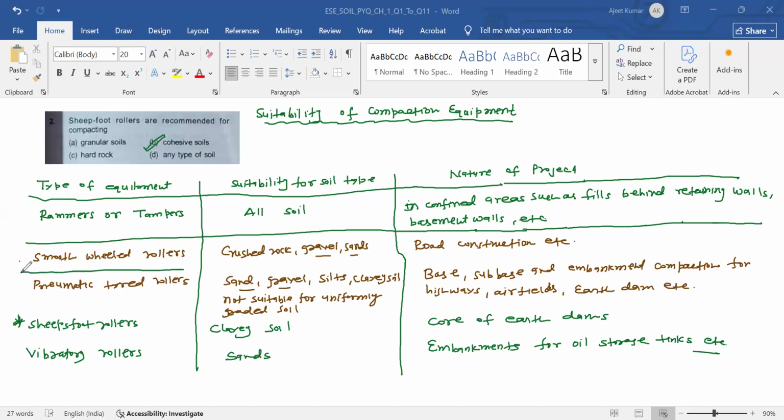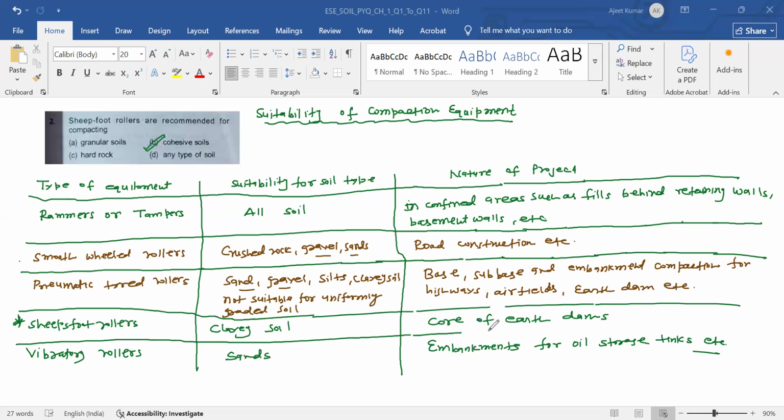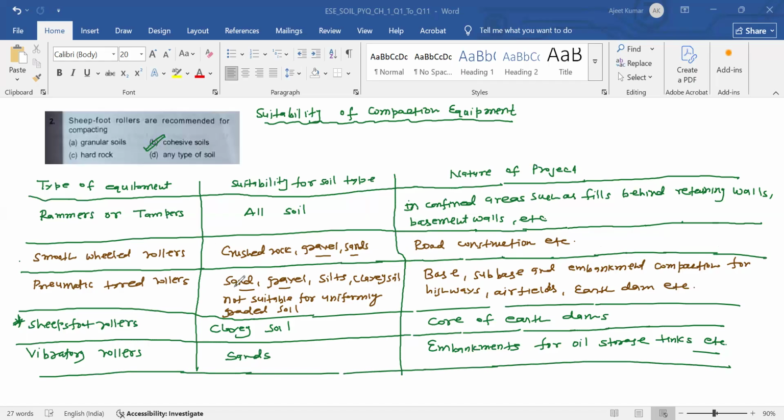So every time I will discuss in form of tables or in form of paragraphs. Because this is very important. In ESE examination, this type of question is frequently asked. So this is all about question number 2.